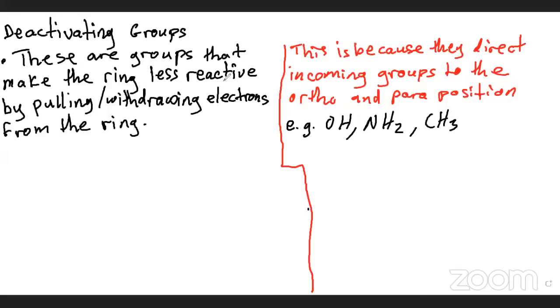These are groups that make the ring less reactive by pulling electrons from the ring.